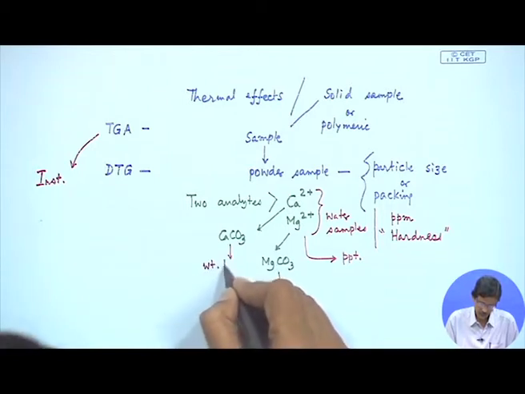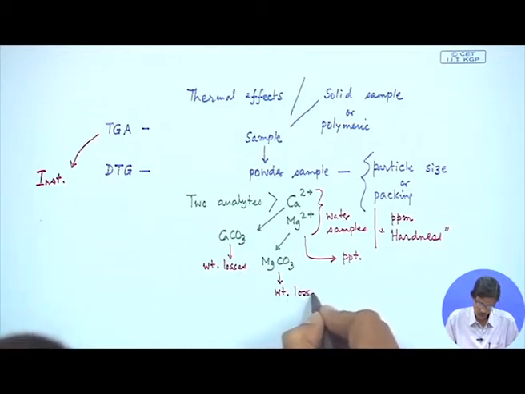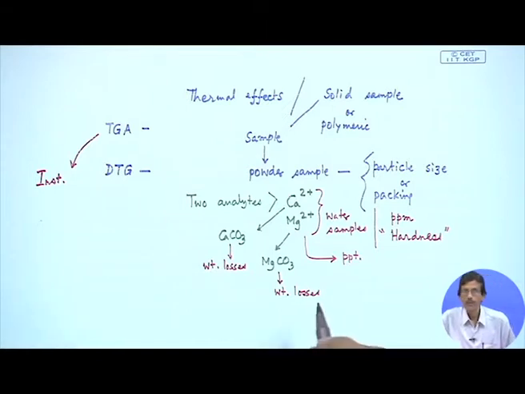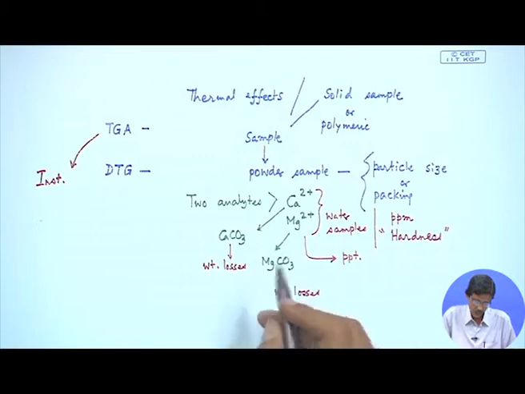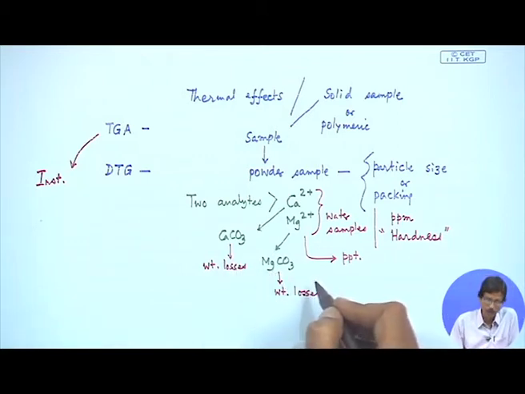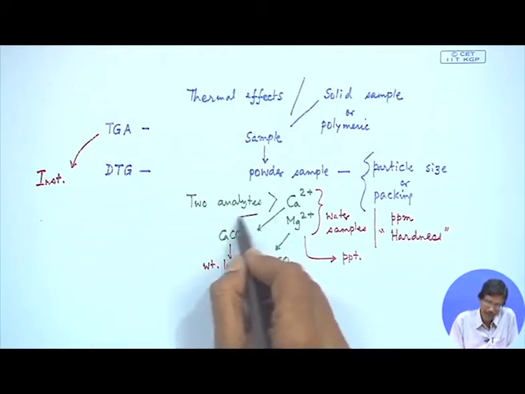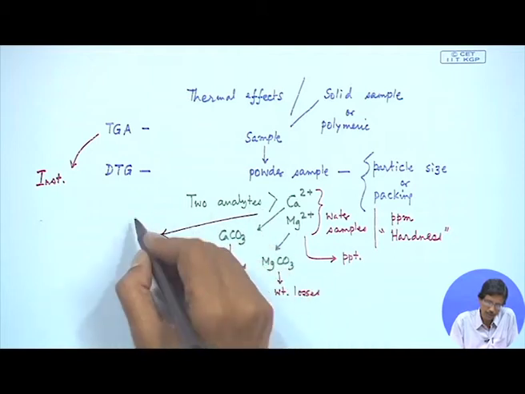If we know the weight losses, then we can find out the percentage or the amount of calcium and magnesium present in those samples. So, this as well as something which we can add as the corresponding precipitating agent.